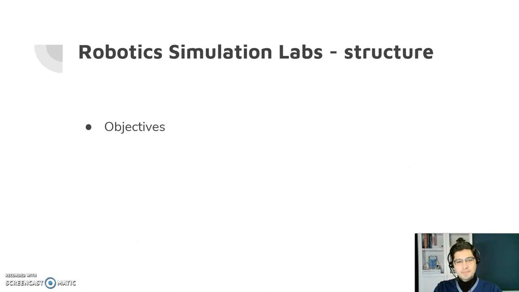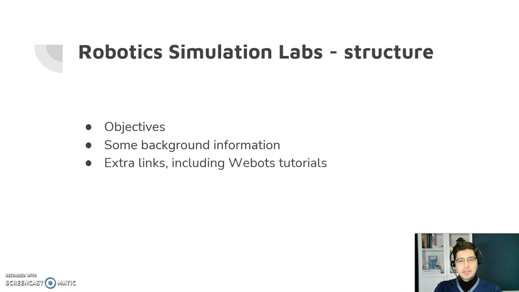So all the labs are structured in a way to guide the students, because the idea here is that the students work very independently. So I'm not going to be guiding them anymore, of course. Then there is some structure described in the labs in the kind of tutorial self-study form. So there is always a description of the objectives, some background information with links for the students to go and read information that they need, including Webots tutorials for the implementation of stuff in Webots.